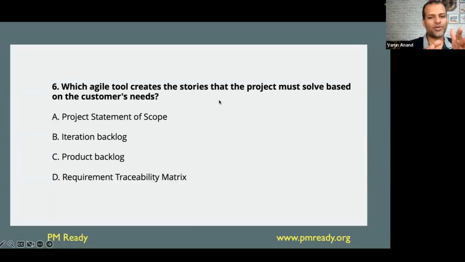Iteration backlog is also not wrong. You actually document the stories in the iteration backlog also. But this question is more about a project level. Iteration is at a very specific iteration level, but this is more at a project level. And at a project level, you need a product backlog. That is why the product backlog is a better answer choice than the others.